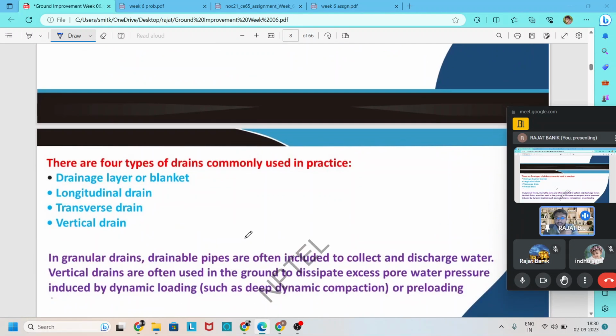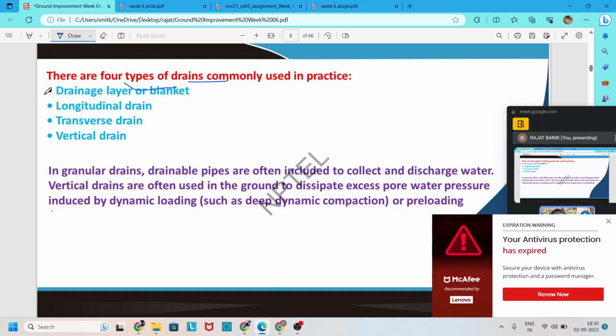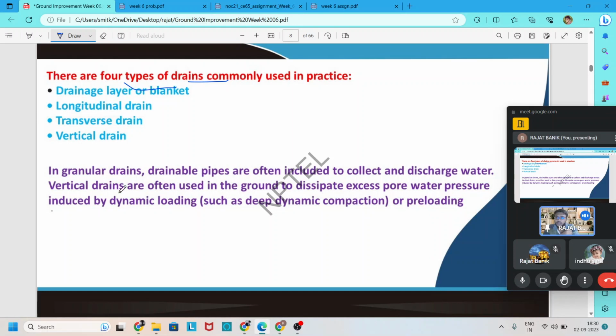Coming to the next slide, it says there are four types of drains we can use in practice. One is the drainage layer or blanket. Another is the longitudinal drain, another is the transverse drain, and the last one is the vertical drain. The drainage layer or blanket is nothing but the geosynthetic drainage.